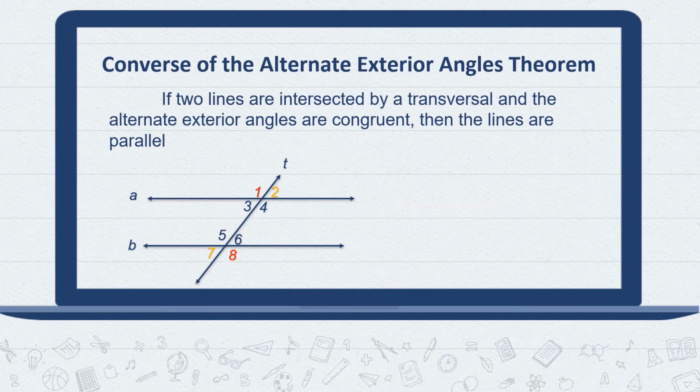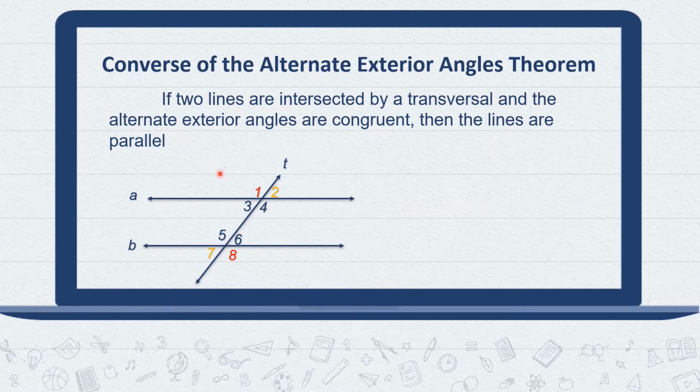Next, we have the converse of the alternate exterior angles theorem. It states that if two lines are intersected by a transversal and the alternate exterior angles are congruent, then the lines are parallel. So identify natin yung alternate exterior angles. Ano ang mga alternate exterior angles natin sa figure?